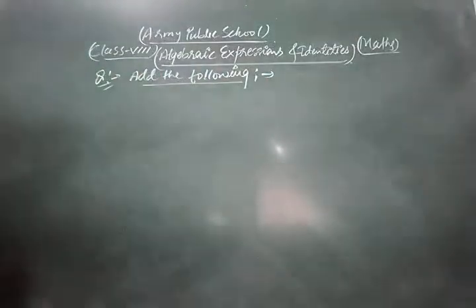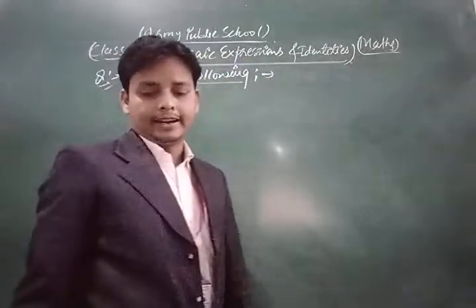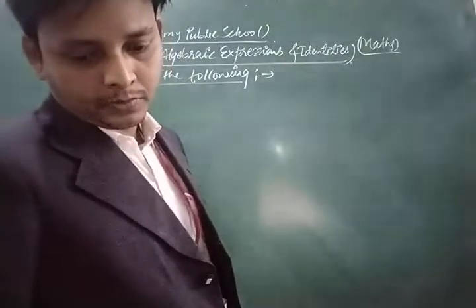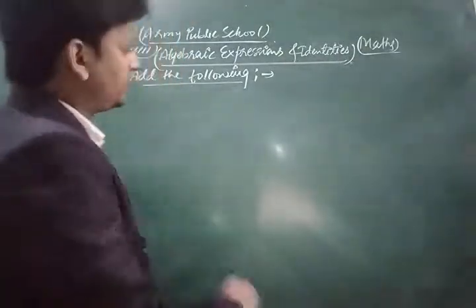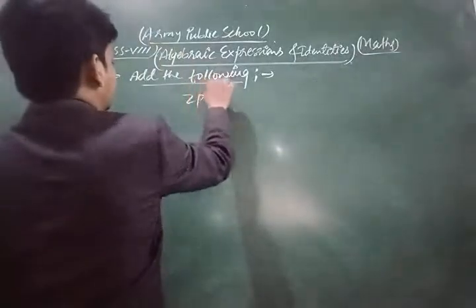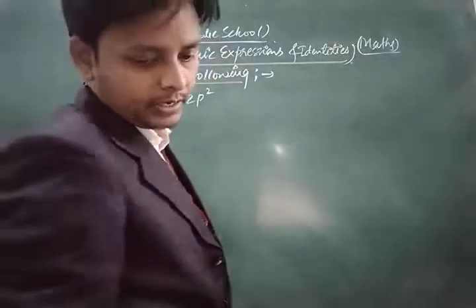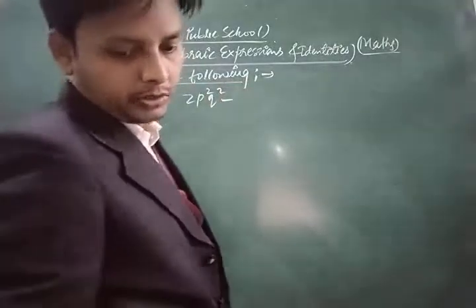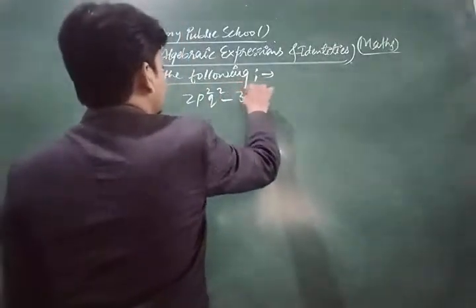Okay dear students, the first part of this question is a very important one. The expression is 2p square q square minus 3pq plus 4.